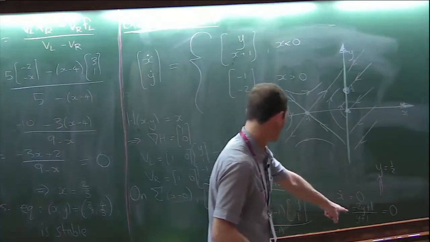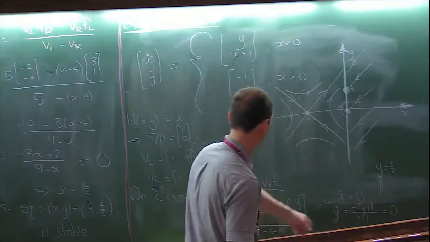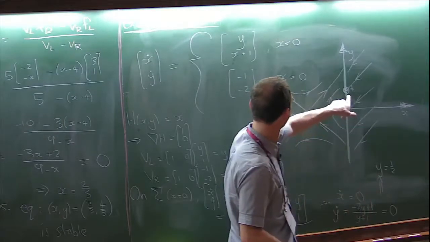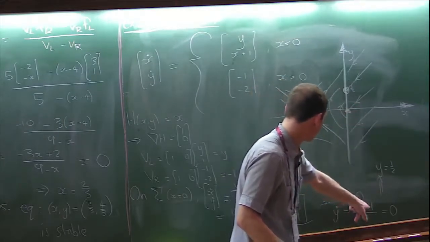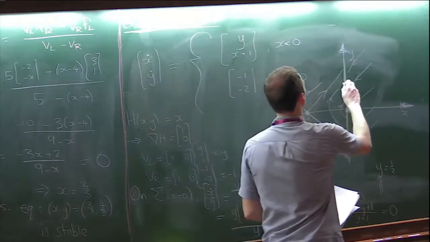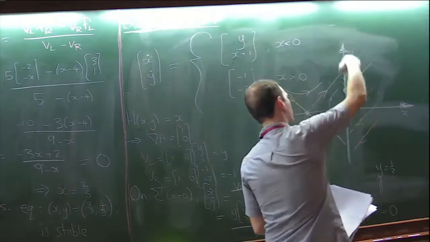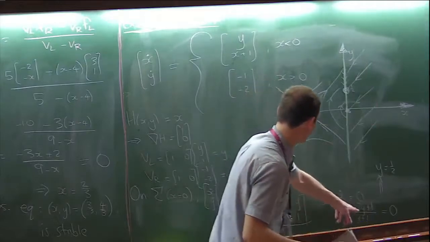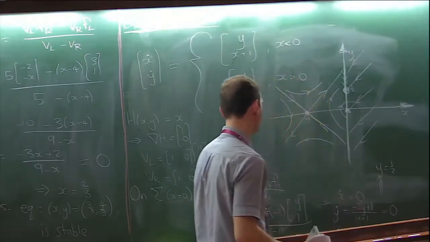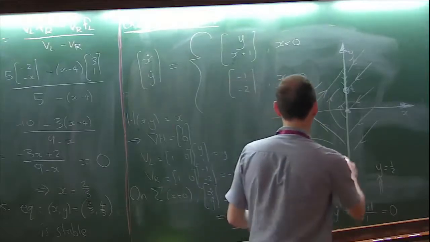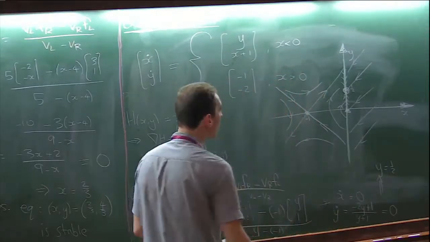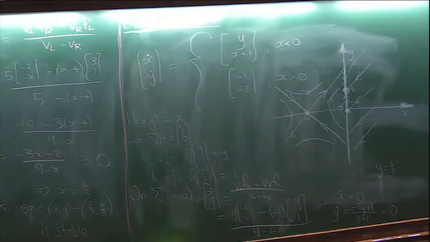Is it stable or unstable? Okay, so if y is bigger than a half, this is negative. Y dot's negative, so y is decreasing. If y is less than a half, positive. And I forgot to identify my attracting sliding region.